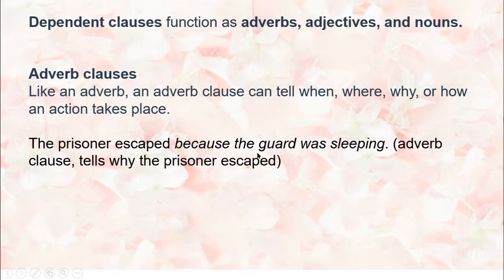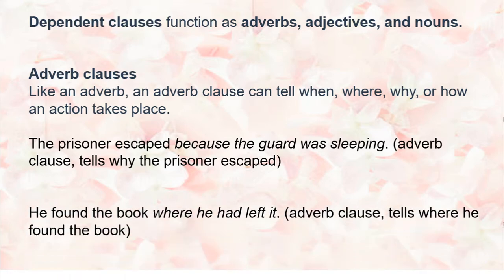You see, because the guard was sleeping. So this one is an adverb clause because it tells why the prisoner escaped. Okay. The next one is he found the book where he had left it. So this is another adverb clause because the clause tells where he found the book, the place.